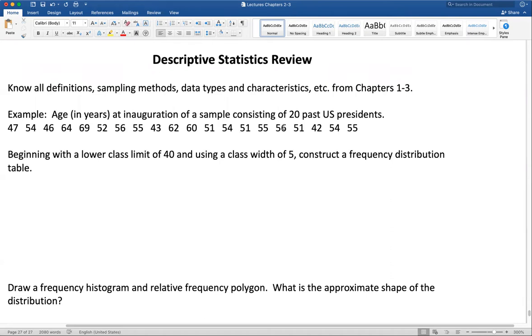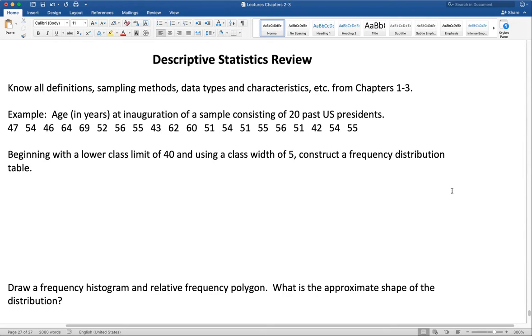And then plotting a graph of the data so that we can figure out how the data is spread out and better understand it. Okay, so that was descriptive statistics.